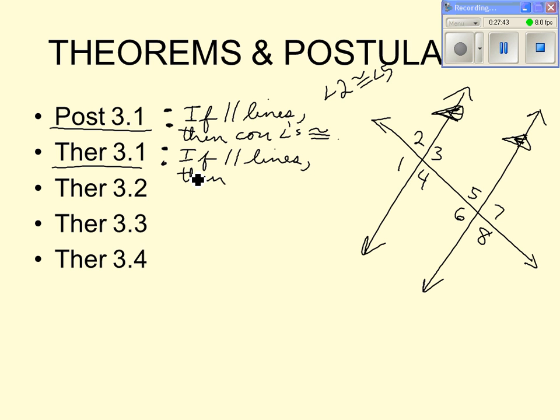They look the same? Sort of hard to tell, right? Since my drawing's not very good. But that's what it's going to end up being. Then alternate interior angles congruent. So if the two lines are parallel, alternate interior angles are congruent. Let's get rid of that. Wasn't written very well here.